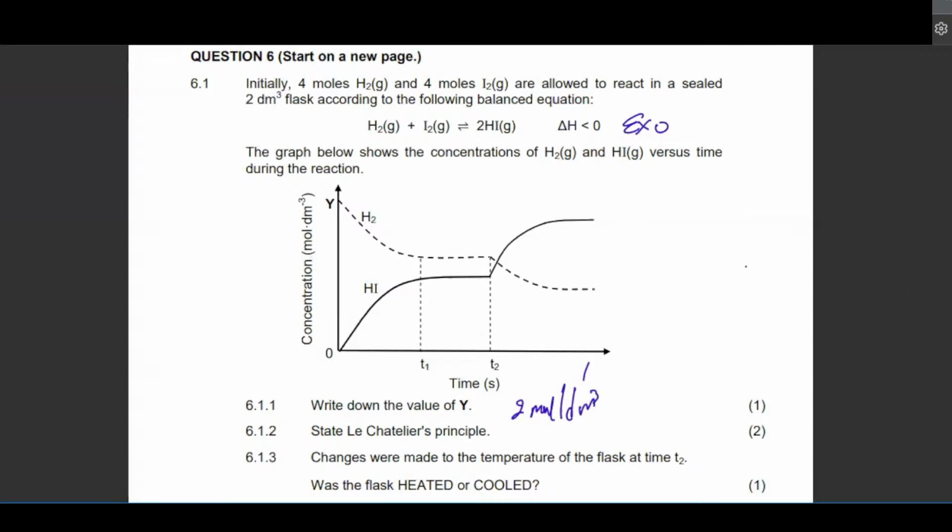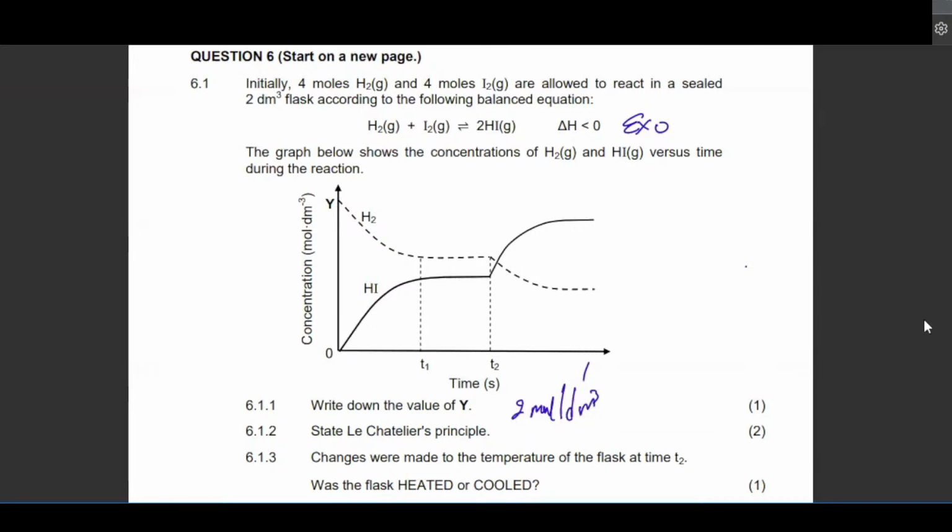All right, state Le Chatelier's principle. Here, when you are talking about Le Chatelier's principle, you're supposed to talk about the stress which is being introduced and how this stress is being wiped out from the system, and how the system is going to favor the forward reaction or the reverse reaction.